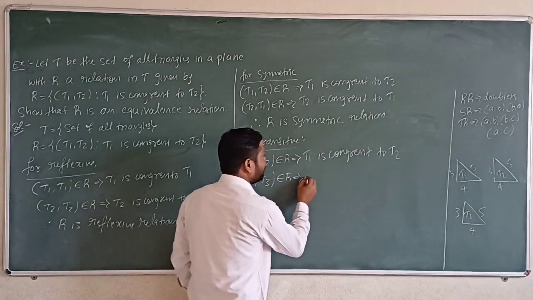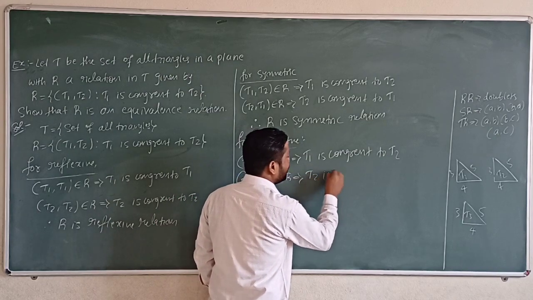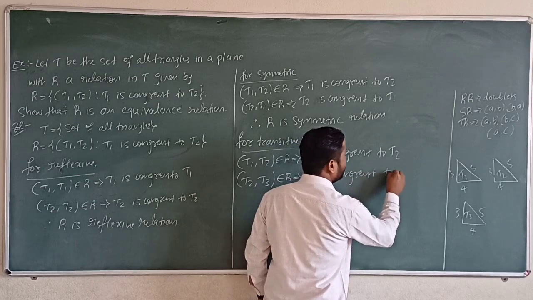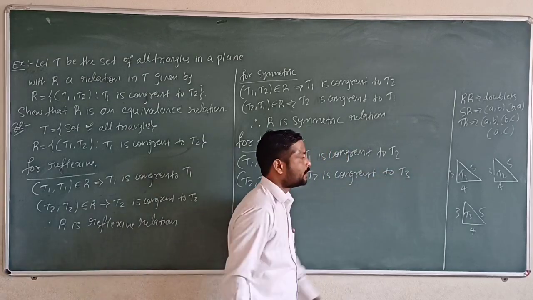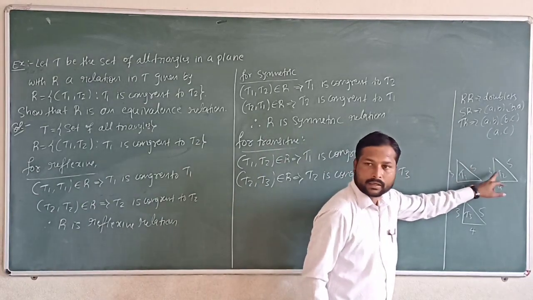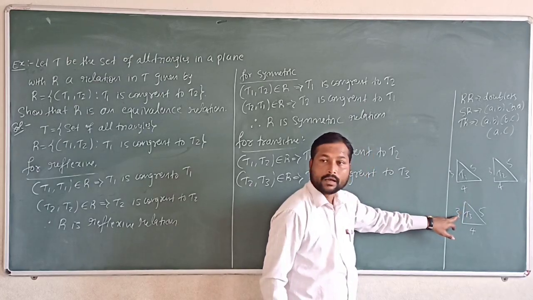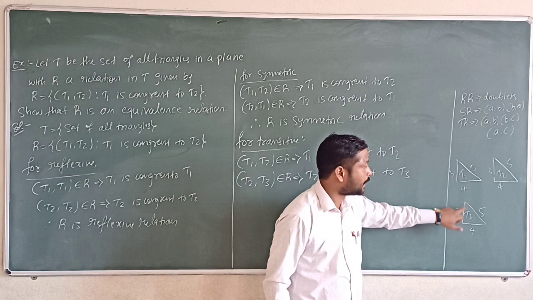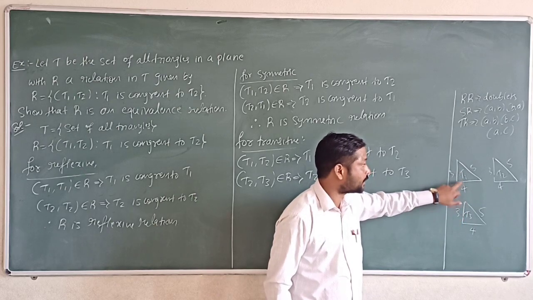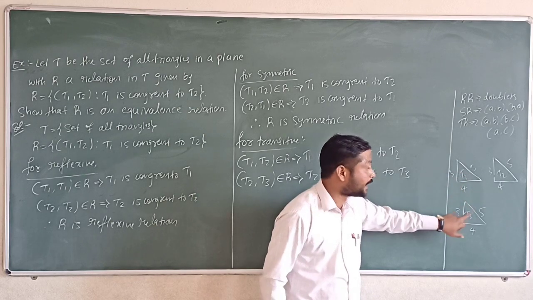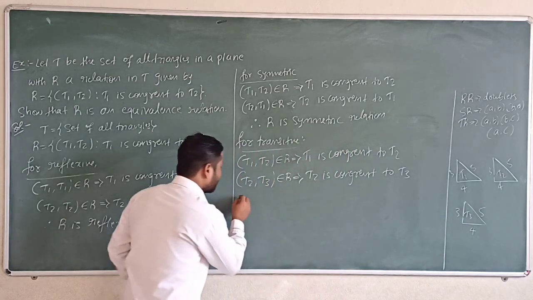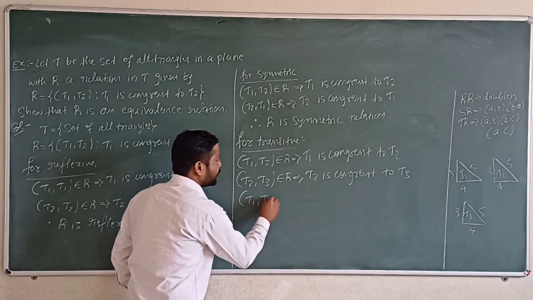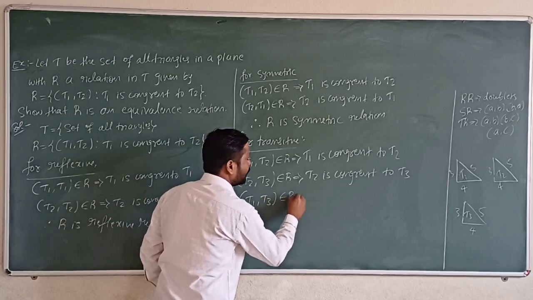Apply the relation: T2 is congruent to T3. This is congruent to this and this is congruent to this, that is (a, b) and (b, c). Now (a, c) means which triangles? T1 and T3, correct? Now (a, b), (b, c), then (a, c), that is (T1, T3) belongs to R.